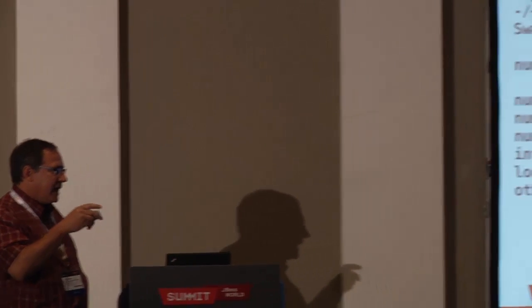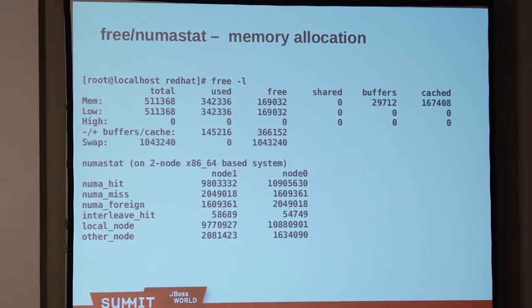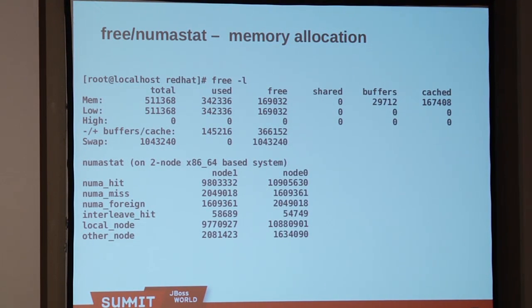Again, we went through a lot of the free and the numastat info. Look for numastat to add a per process example, to literally dump out per node and per process information, now in a RHEL 6.3 errata or a RHEL 6.4 version.